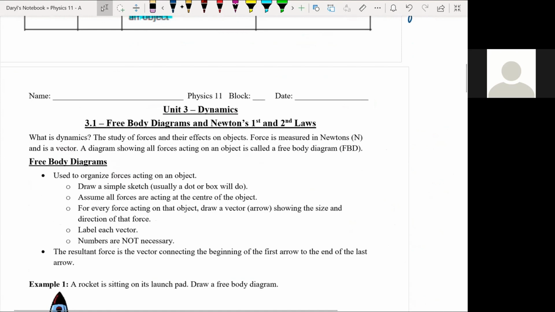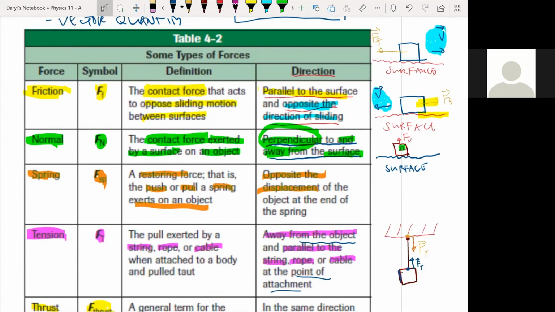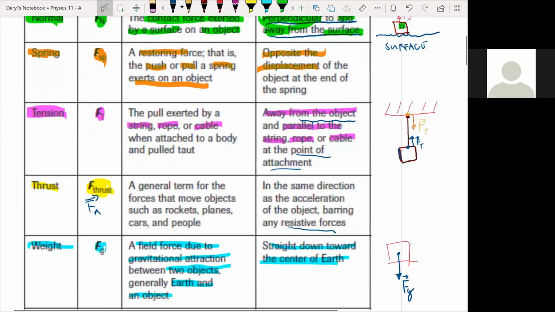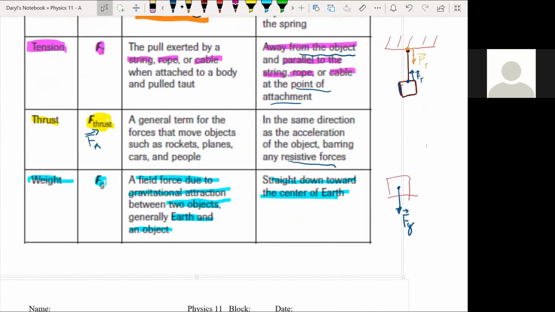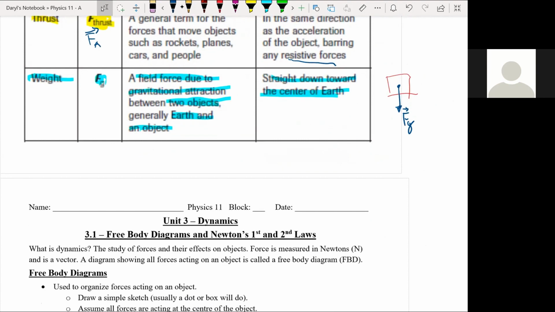Are there any questions so far with this one? These are just definitions. I won't ask you to memorize this, but it's always good to familiarize yourself with it, because if you mess up the different forces acting on the object in your free body diagram, for sure your answer would be incorrect.